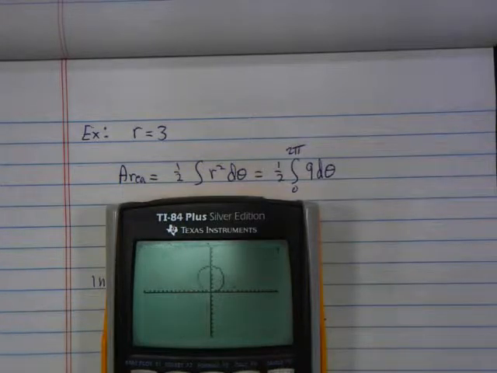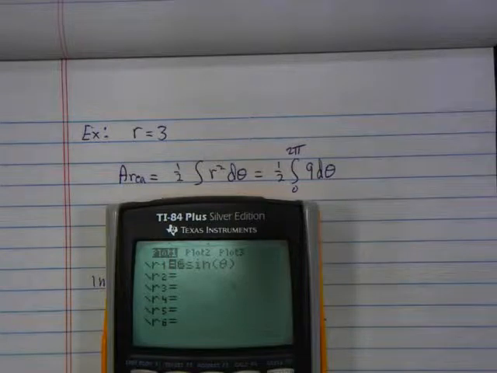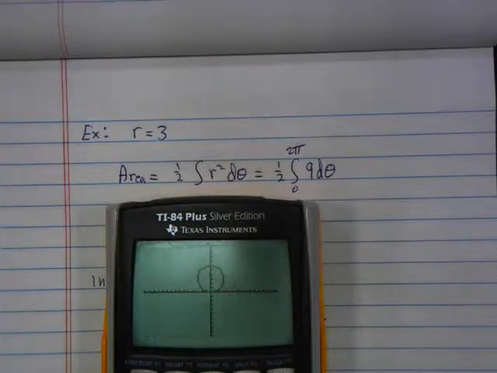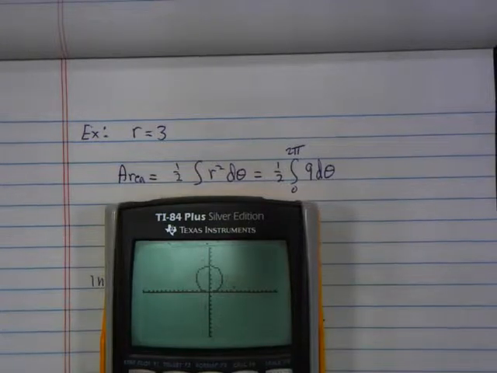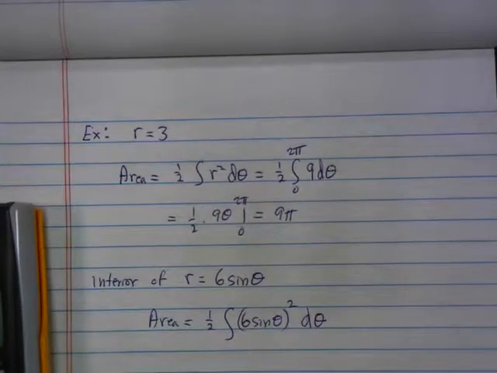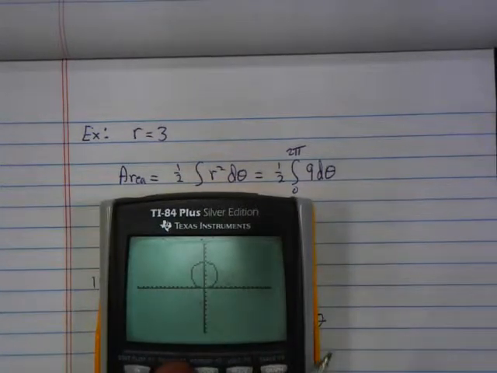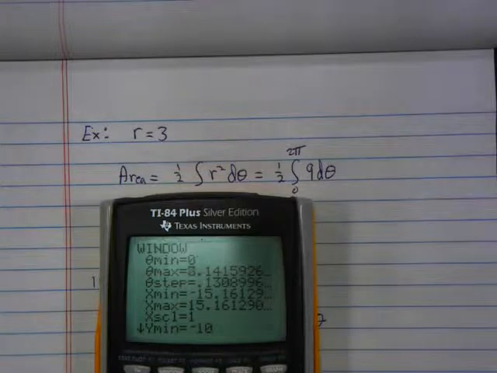If my window goes 0 to pi, it does look like I get the whole circle, doesn't it? What if I go 0 to pi over 2?